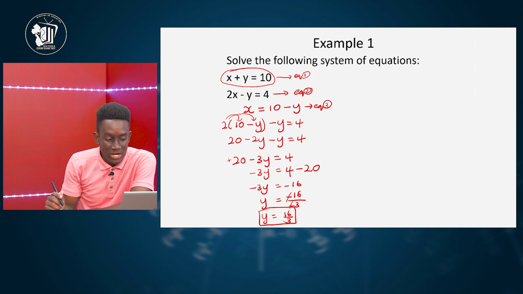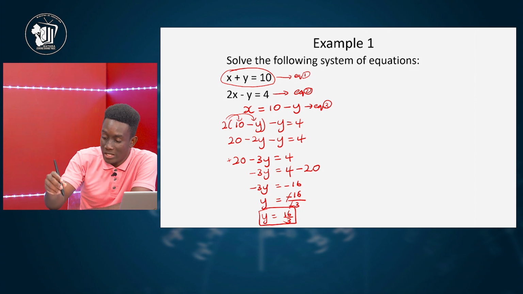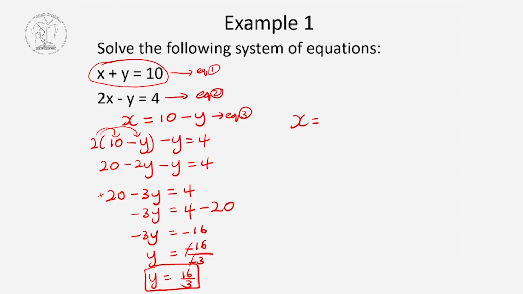Now that we have our value for y, we can solve for x. How do we solve for x? We solve for x by putting this value of y into either equation 1, 2, or 3. We see in equation 3, x is already the subject, so we can solve for x there. x will be equal to 10 minus y. Now instead of y, we substitute y equals 16 over 3 into equation 3.